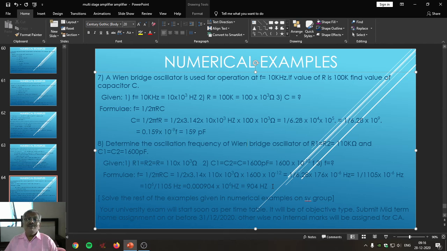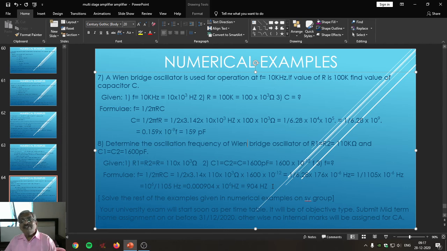These examples may be asked even in the objective type questions, which we are going to face shortly in the university examination. So that's why I am sending a number of numerical examples separately. Try to solve them individually. If you have any queries, please feel free to ask me at any time.